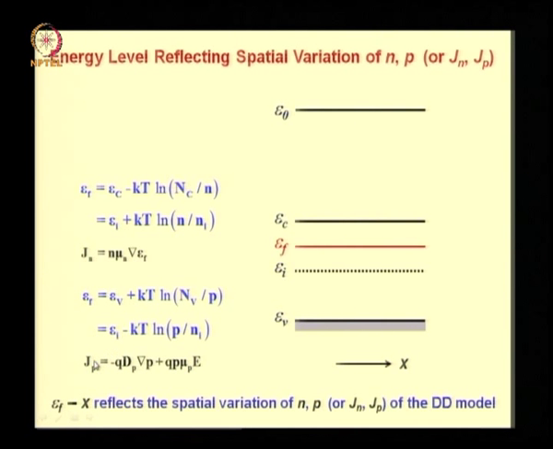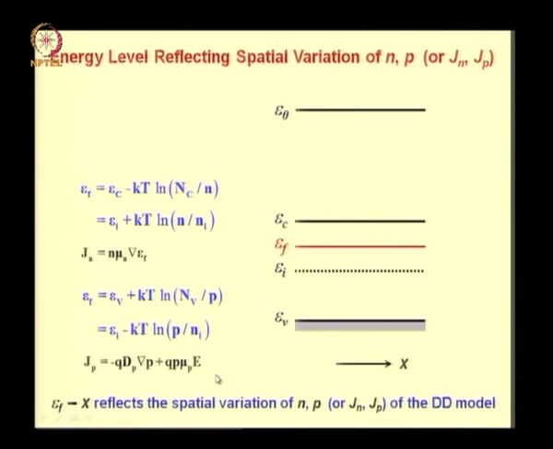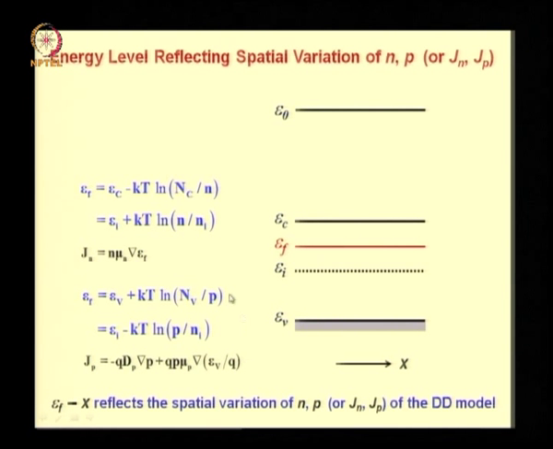Now let us discuss the current density for holes following the same approach. This is the expression for hole current density, which you can write as shown here, where the electric field acting on the holes is represented by the gradient of EV by q. Because of arguments similar to those given for the electron, the electric field acting on holes should be related to the gradient of the valence band edge.